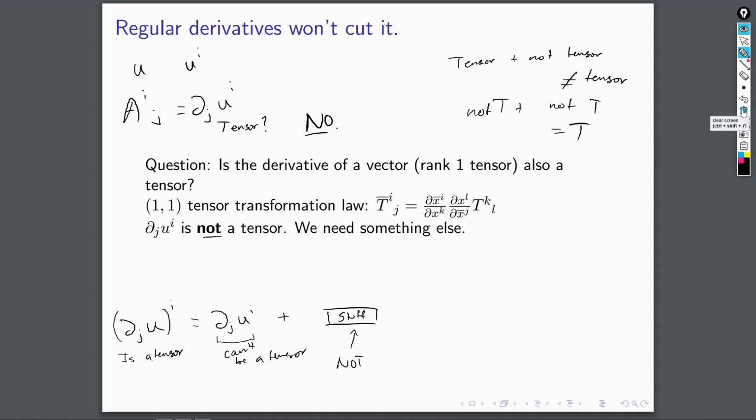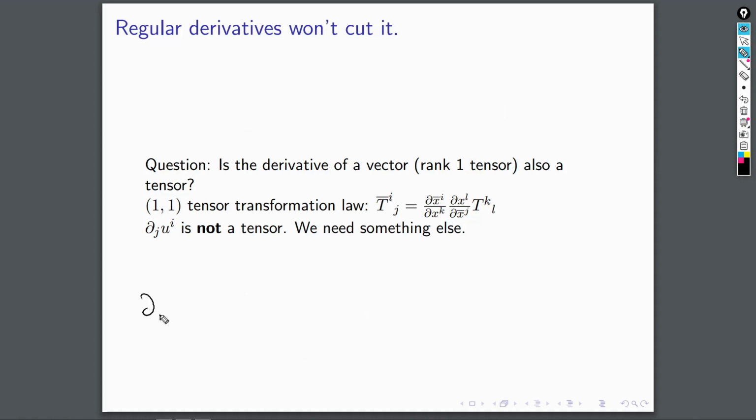And you'll notice that if we do dj of u, and I take the ith component of that, well, let's forget about the ith component for a second. The derivative with respect to the jth coordinate of u: we have to write u as the sum of its components with basis vectors.